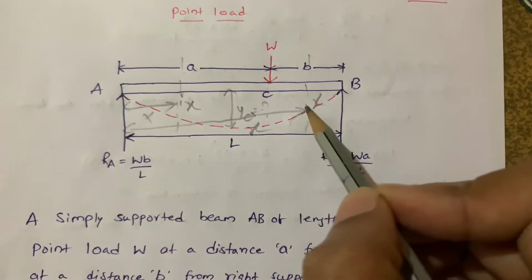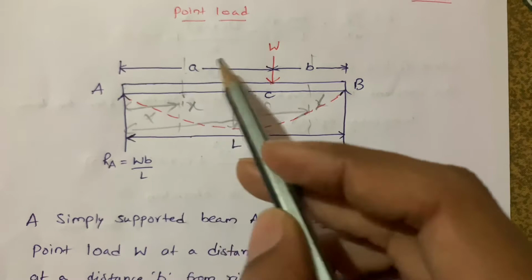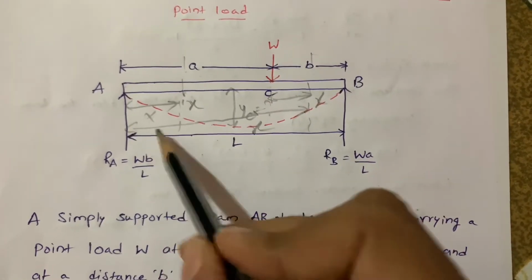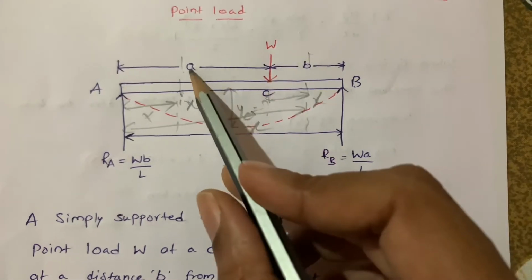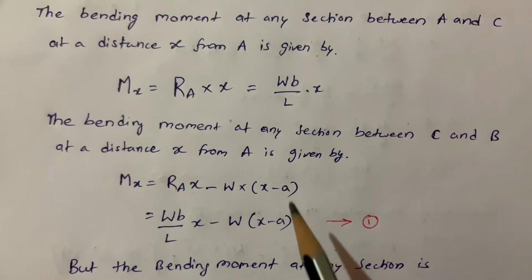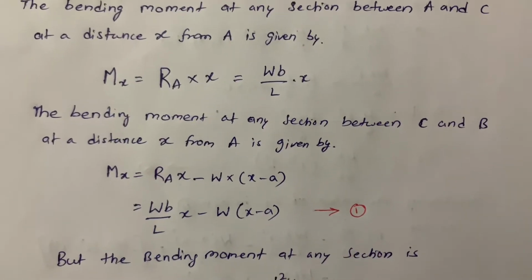The total distance is X, and after subtracting a we get the distance from the load, that's why X minus a. I am considering this as equation 1.